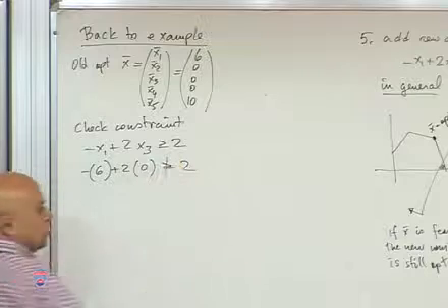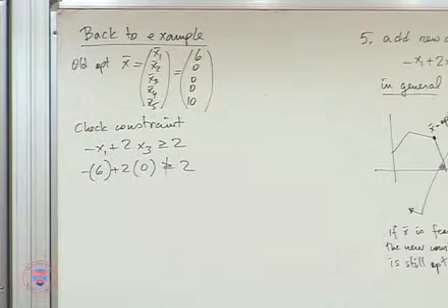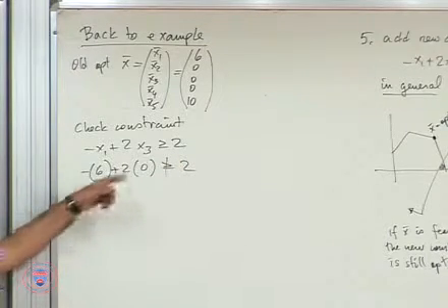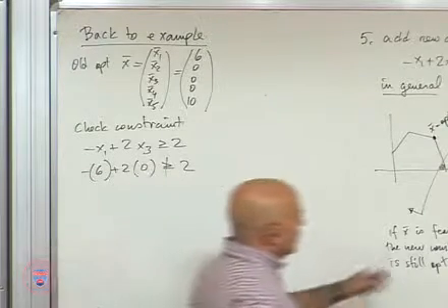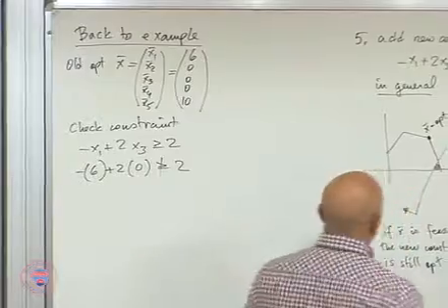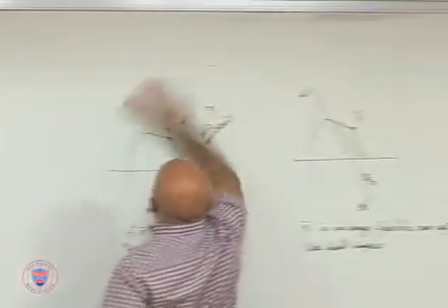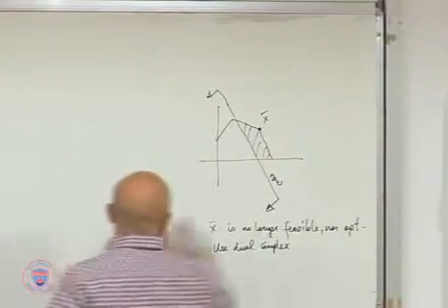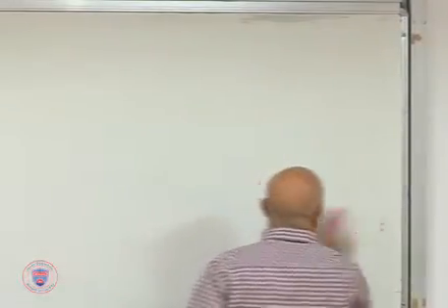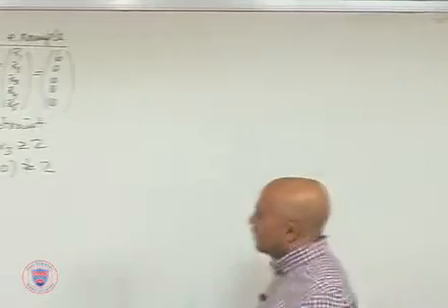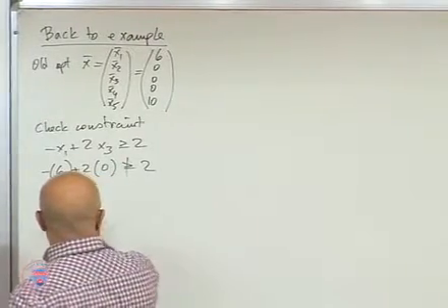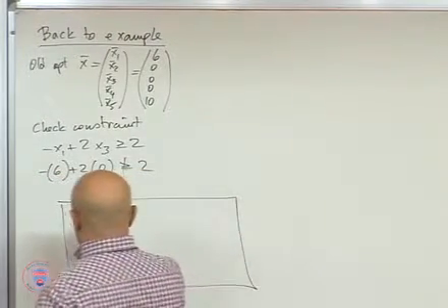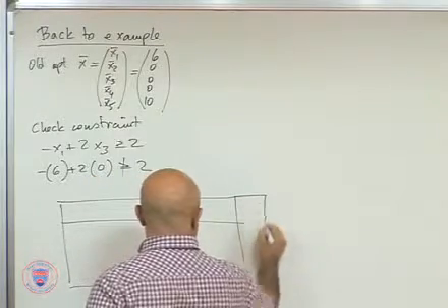The answer is no. It's not greater than or equal to 2, because it is minus 6. Okay. So we are into the second situation. Okay? So we need to compute the new solution now.